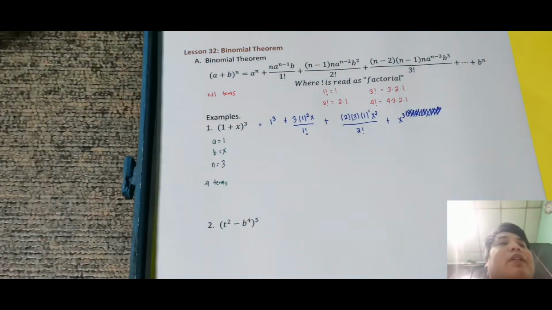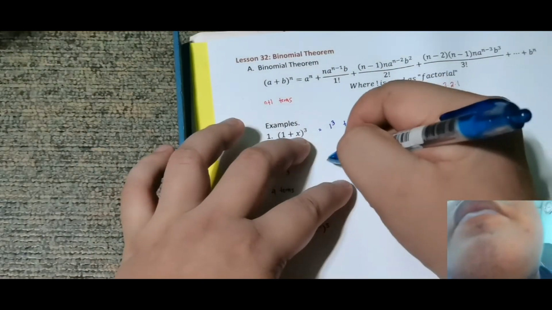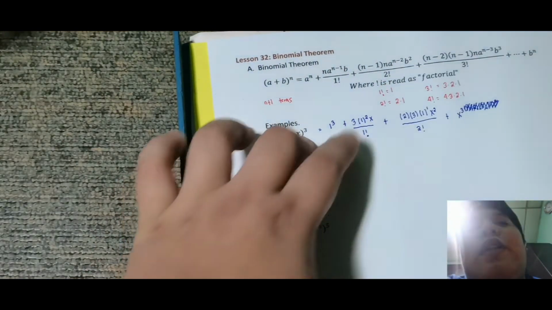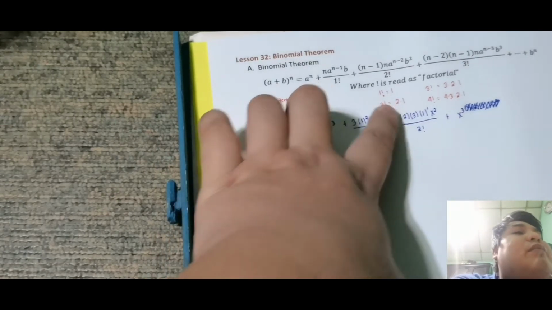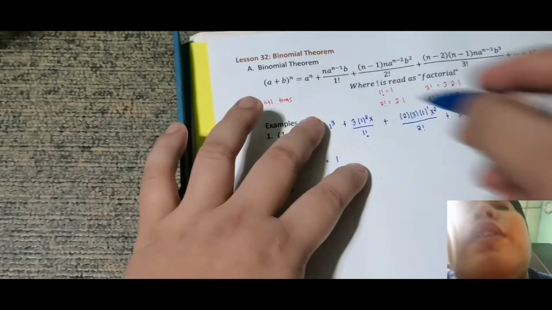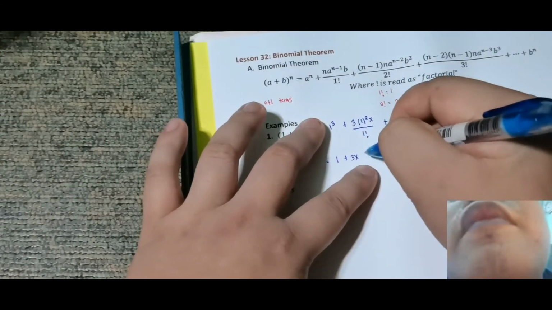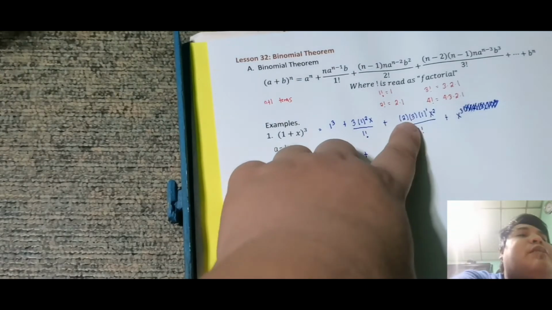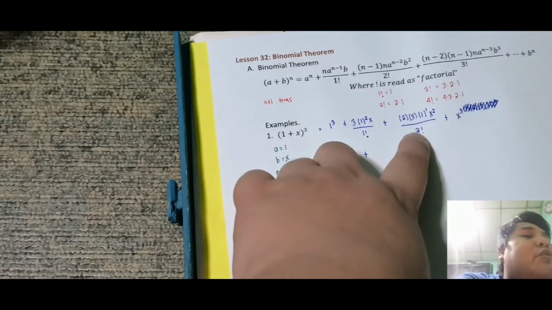Okay, next we evaluate or simplify. So 1 cube is just 1. Then 3 times 1 squared is 3. Then 1 factorial is just 1, so 3 over 1 is just 3. So this is plus 3x plus 2 times 3 over 2 factorial. Note that 2 factorial is 2 times 1, which is 2.